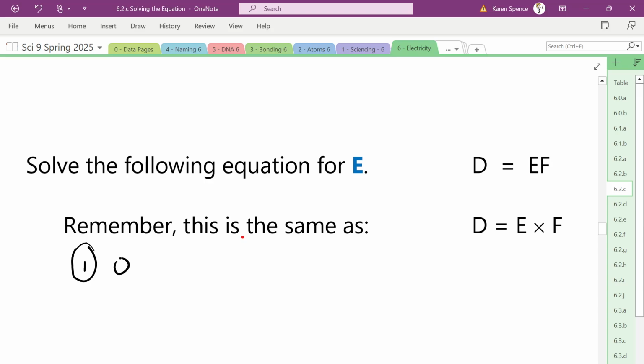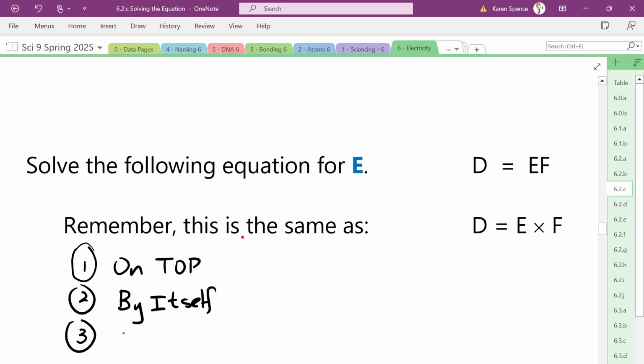We want to get it on the top. The second thing we want to do is get it by itself. And the third thing we want to do is get it on the left. So we want to solve for E.